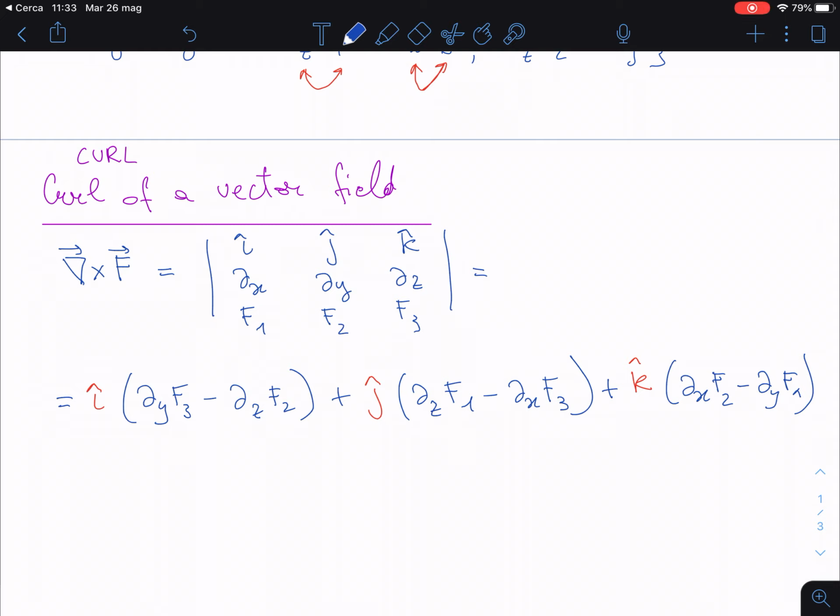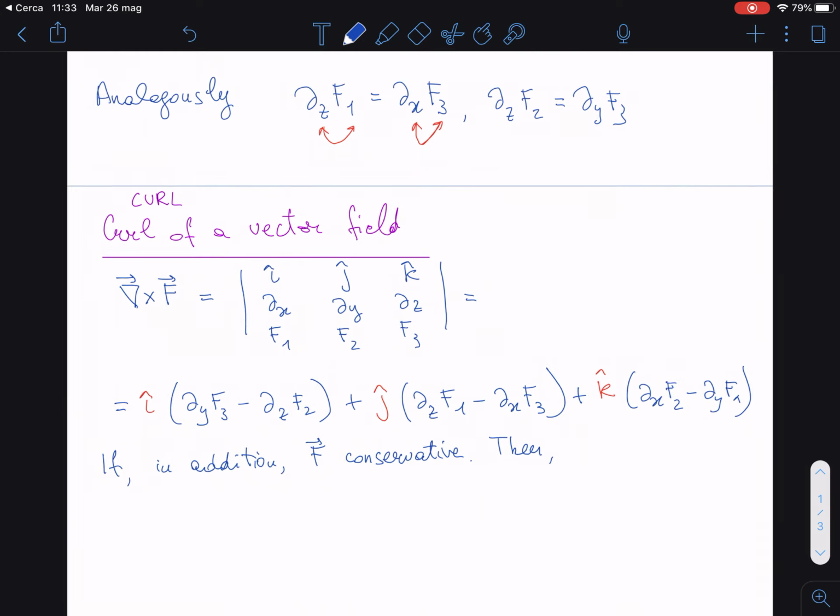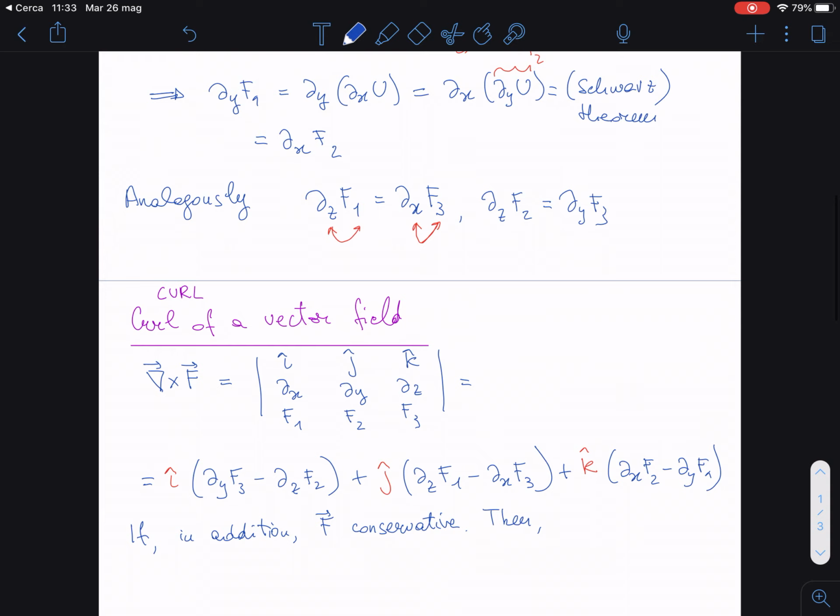Now we suppose, in addition, that f is conservative, then look at the previous equalities.